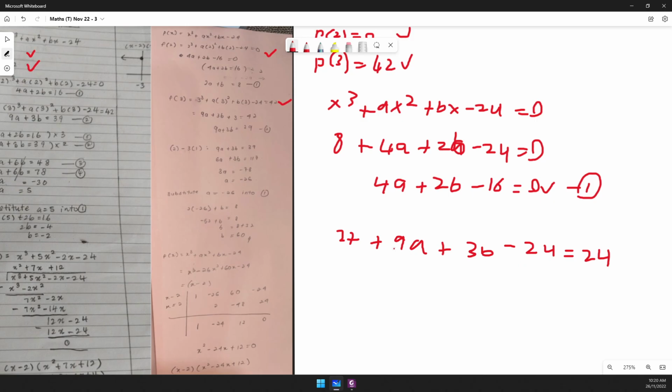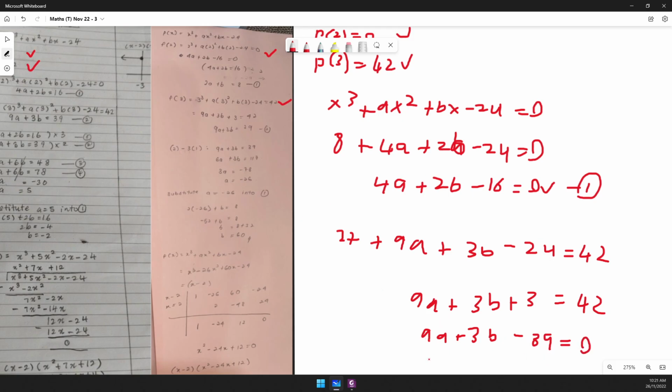So 27 minus 24 is 3, and moving the 42 over, 9a plus 3b minus 39 equals 0.